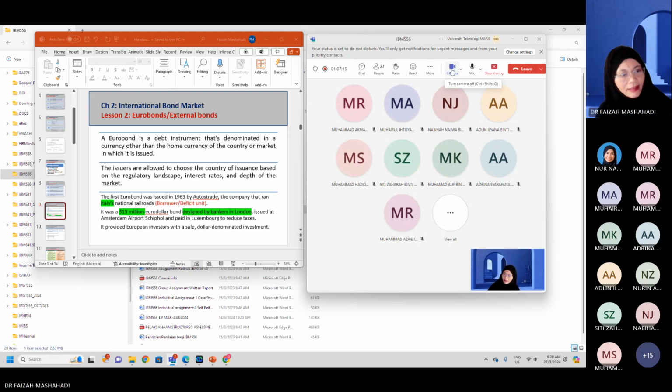The second condition, it will not be denominated in the currency of the market in which it is issued. Let's say Proton. For Eurobond, Proton needs to identify a location in order to issue the bonds. Kita tak boleh dah issue bonds tu dekat atas langit ke apa. Tidak.